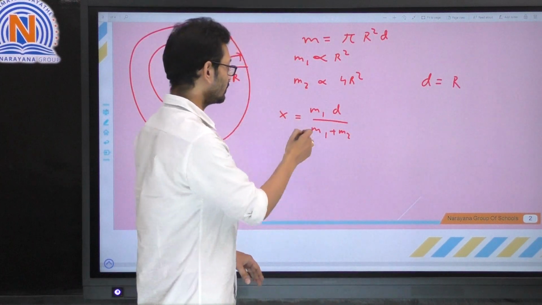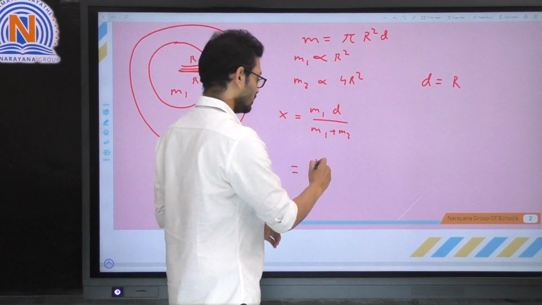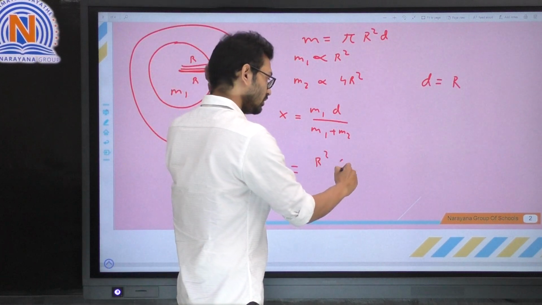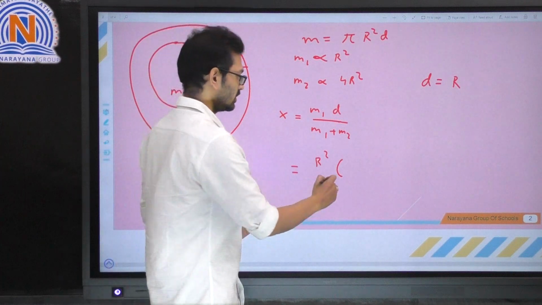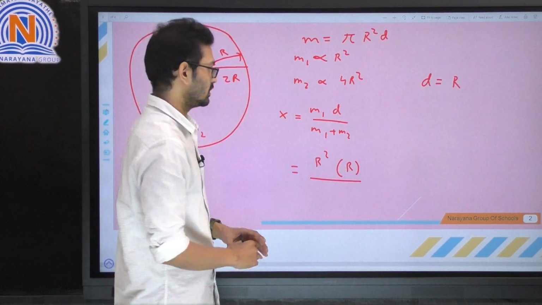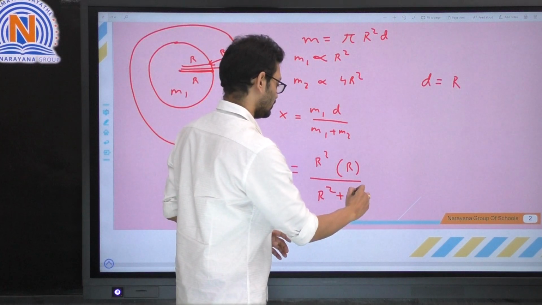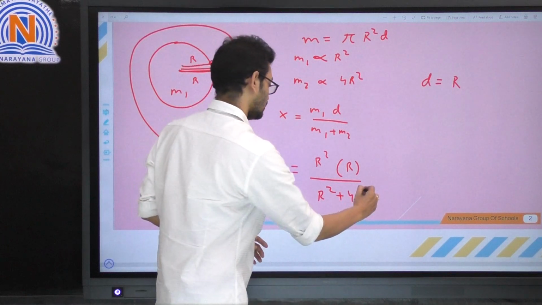Now if you substitute those values, you will get m1 as r square into d as r, by m1 plus m2, which is r square plus 4r square.